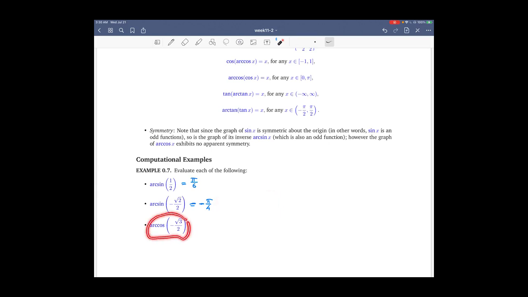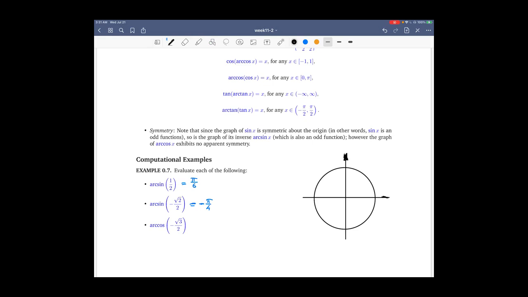What about this one? Arccosine of negative root 3 over 2. Let me draw the unit circle, centered at the origin. All right, so arccosine of negative root 3 over 2. It's an angle, one of the angles, whose cosine equals negative root 3 over 2.